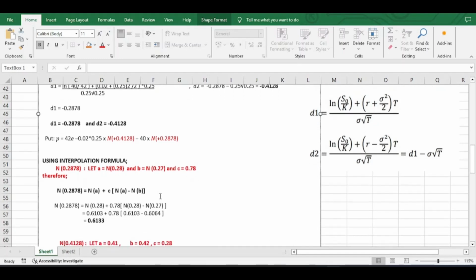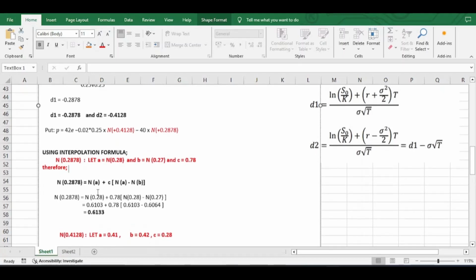We also have to make sure that in the formula, the difference is calculated as the bigger number minus the smaller number.